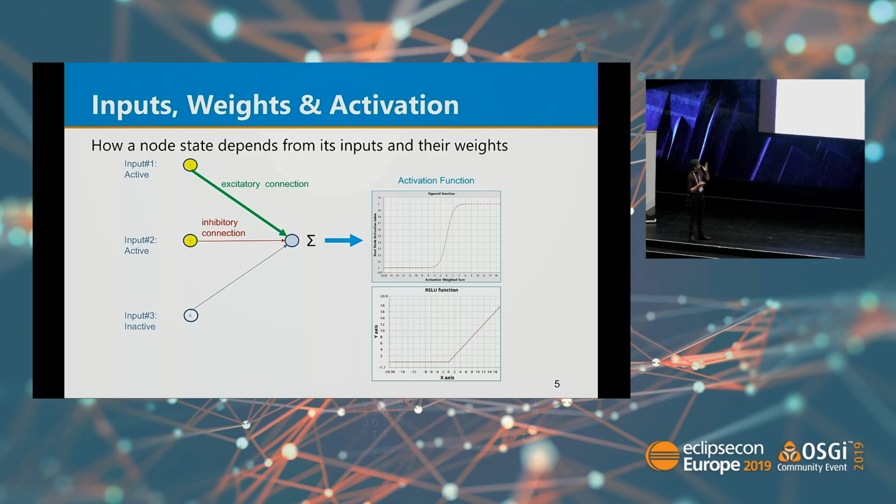At the end, we have a weighted sum, and we apply not quite a threshold function, but an activation function, which can be a sigmoid, or there are many options for this.